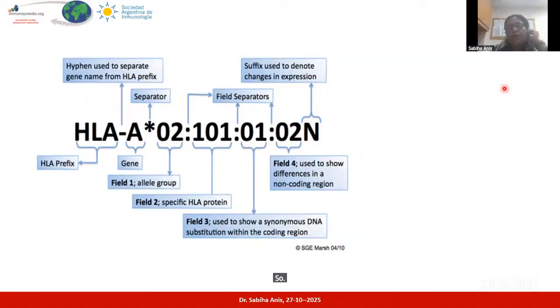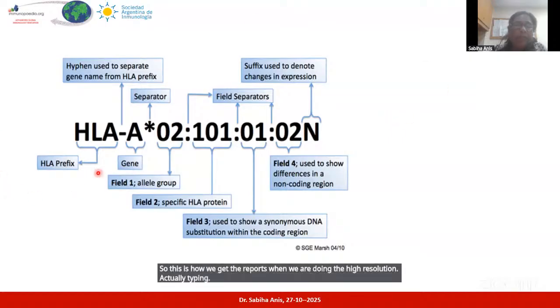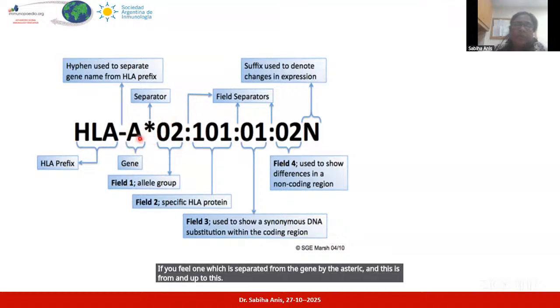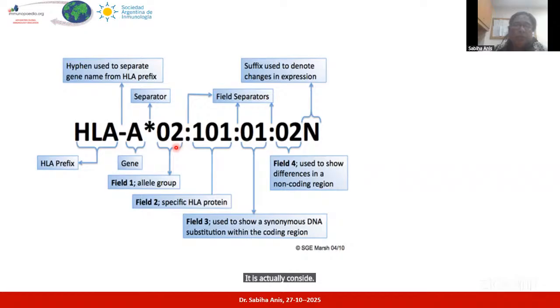So this is how we get the reports when we are doing high resolution HLA typing. We have HLA, which is the prefix, then we have a gene, then we have field 1, which is separated from the gene by an asterisk. Up to this point, it actually coincides with the serological typing.